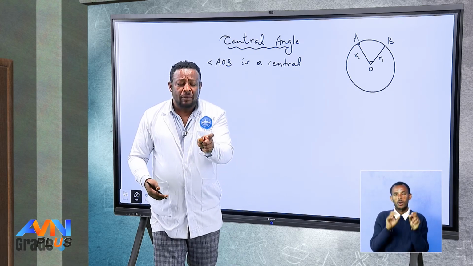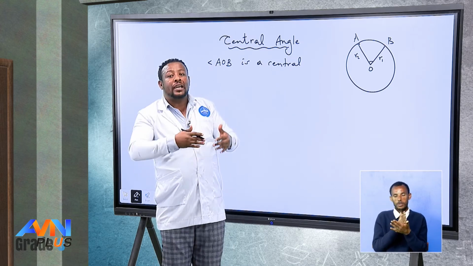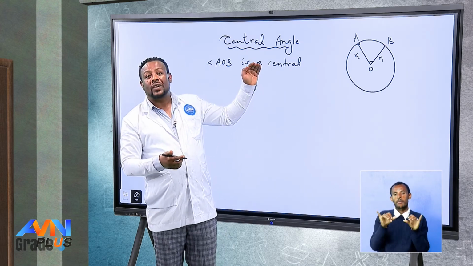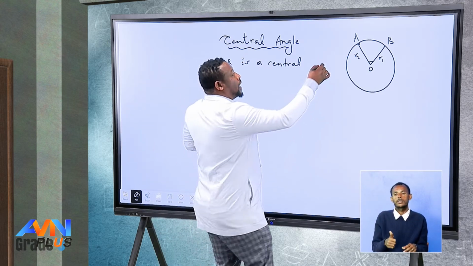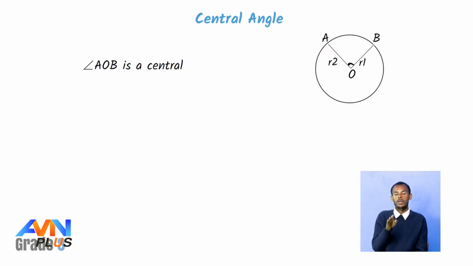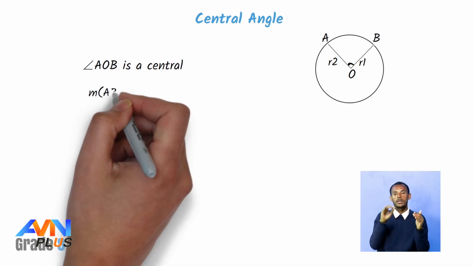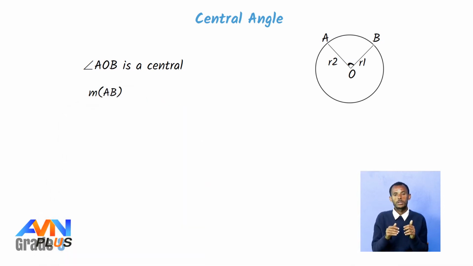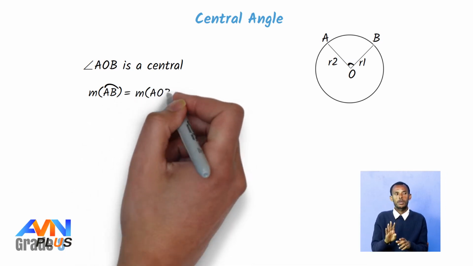Let me tell you one more important relationship between the central angle and the degree measure of the arc subtending it. So this arc AB, the measure of arc AB is the same as the measure of the central angle AOB, okay?